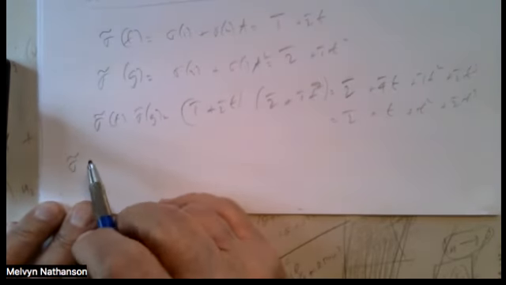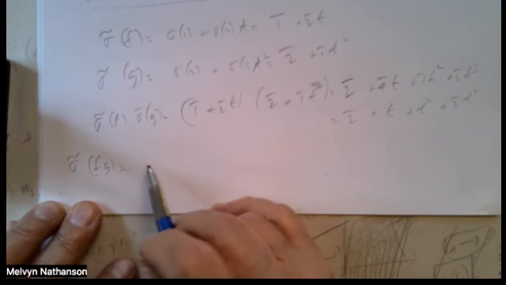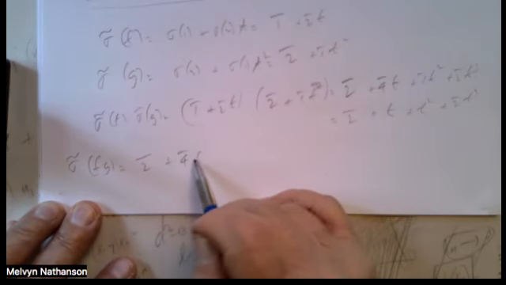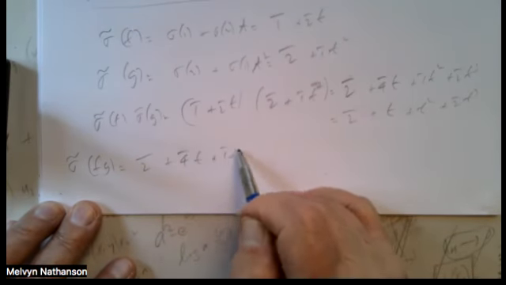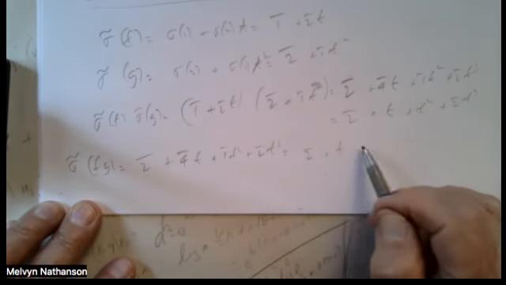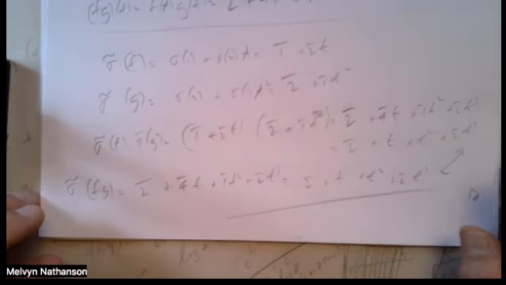And what's sigma tilde of fg? That's 2 bar plus 4 bar t plus 1 bar t squared plus 2 bar t cubed. It's exactly the same thing. Right? They're equal.